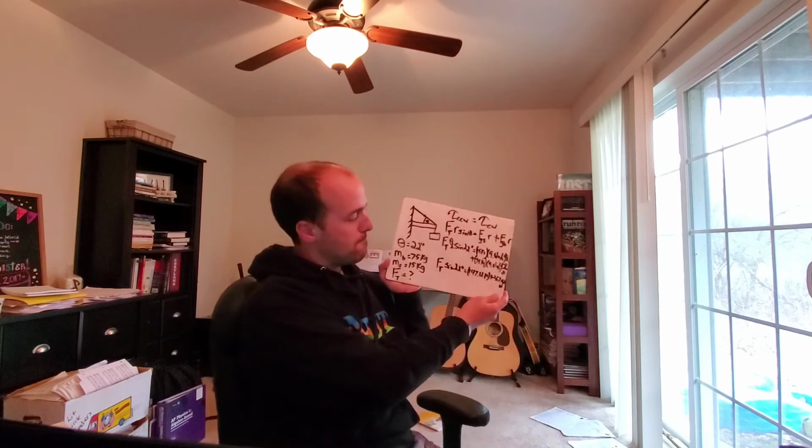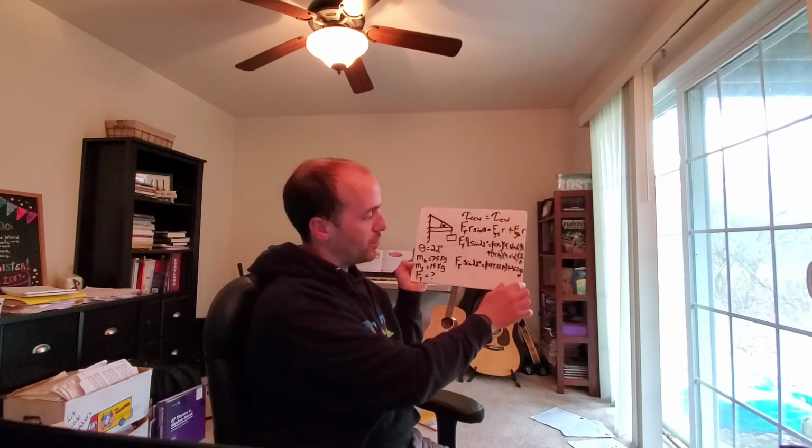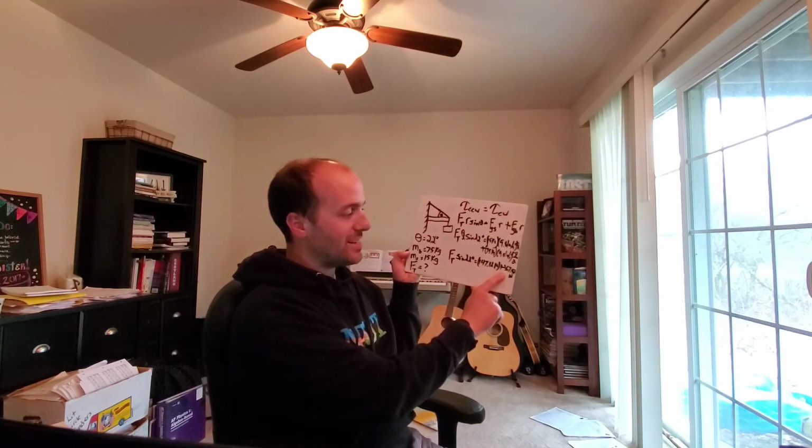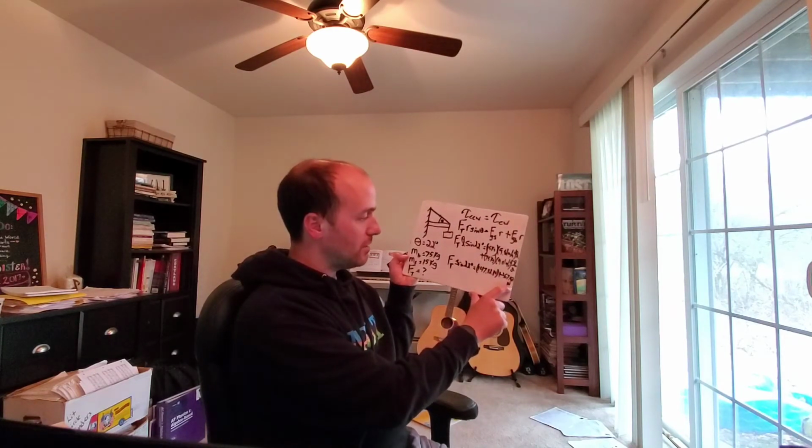I apologize, I'm squished over here, but that is 147.12 newtons plus 367.875 newtons. Add up, divide by the sine of 22 degrees. Again, make sure your calculator is in degree mode, and you get a tension of 1,374.8 newtons.